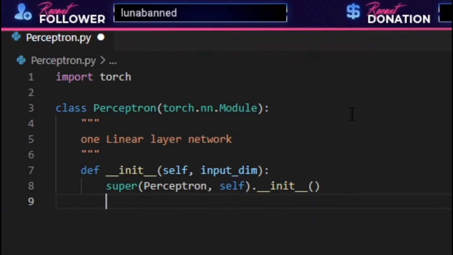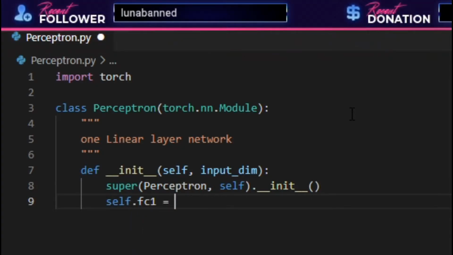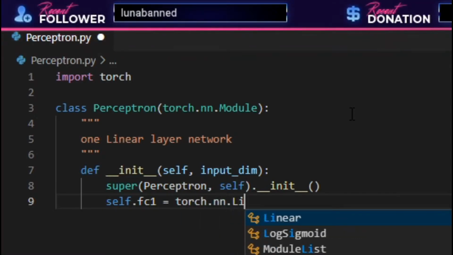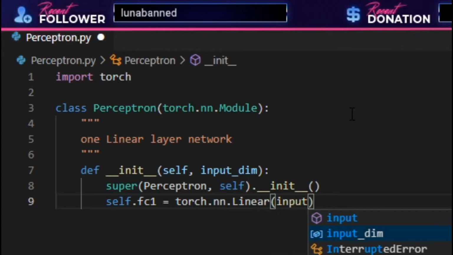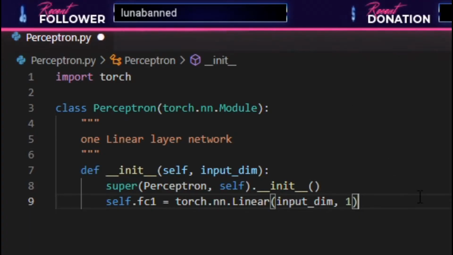Okay, and our one linear layer is going to be fully connected. It's torch.nn.Linear, and it's going to take our input dimension and 1 as arguments.